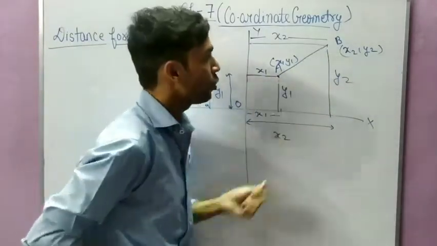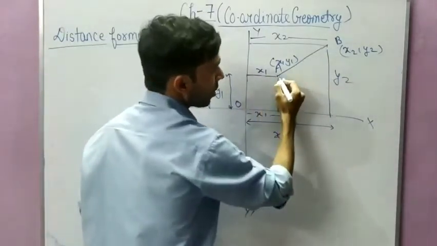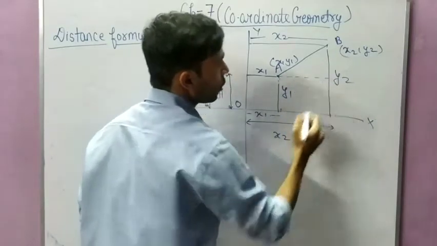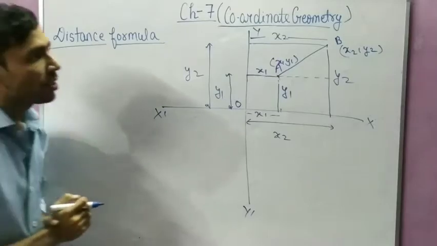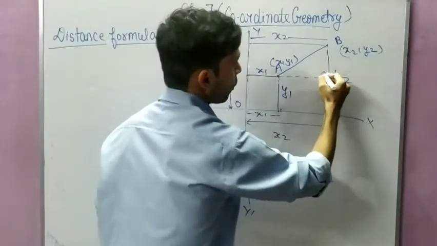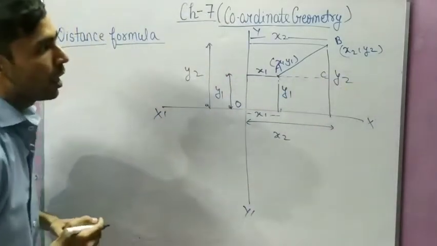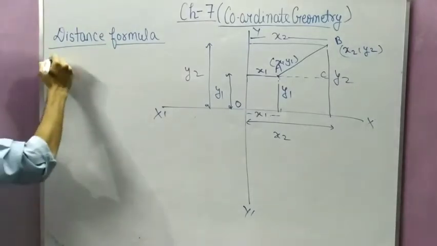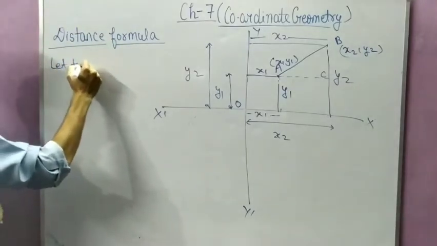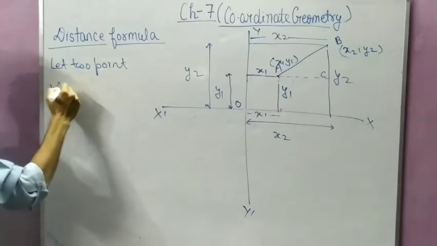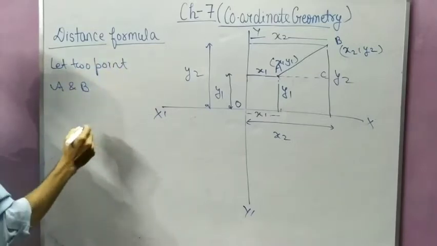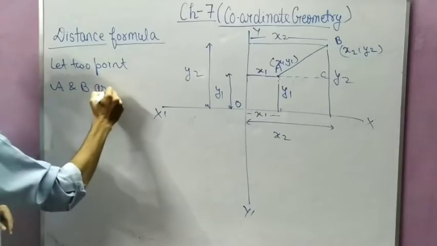Okay, now student, what you do, you join like this in dotted. Okay, you join like this. Now student, see, suppose it is point C. Now what we will write, let 2 points A and B are there.